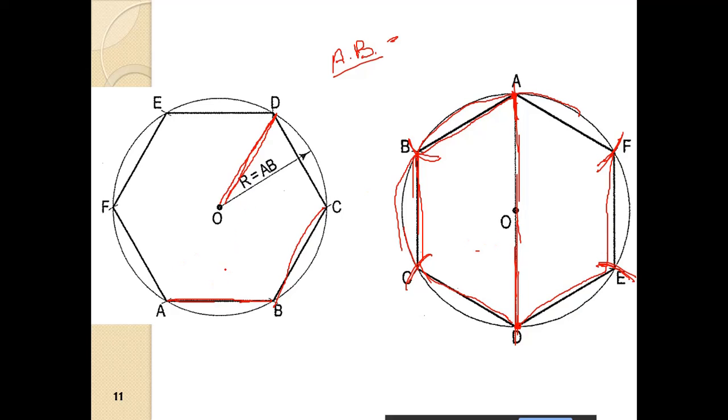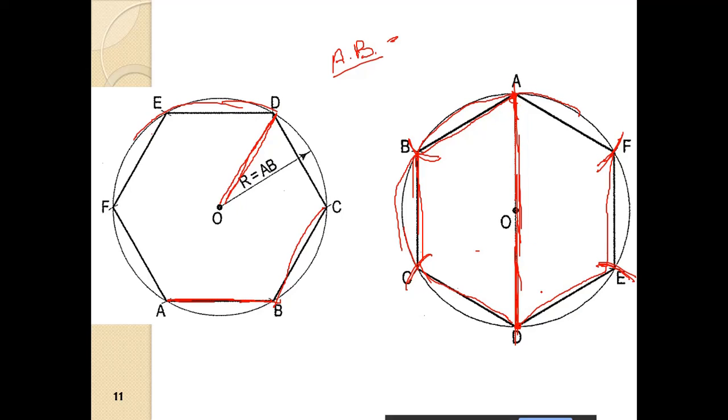So in the hexagon, the edge is equal to the radius of the circle in which the hexagon is inscribed. Right. So AB is given. So you take AB. First of all, draw the circle. The circle is drawn, the first step. Then you draw the diameter in whichever direction you want the hexagon.